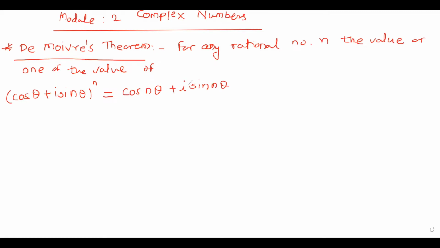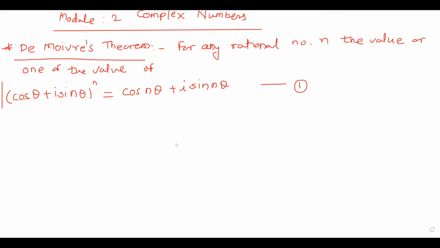So for any rational number n, one of the values of cos theta plus i sine theta raised to n is cos of n theta plus i sine of n theta. The proof is not expected, only the statement we have to understand and remember. So this is the statement.